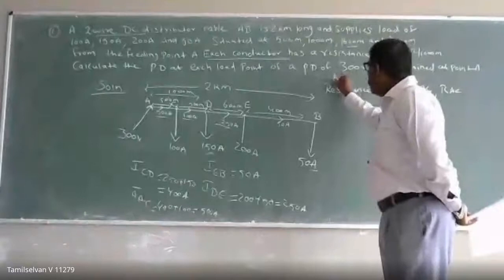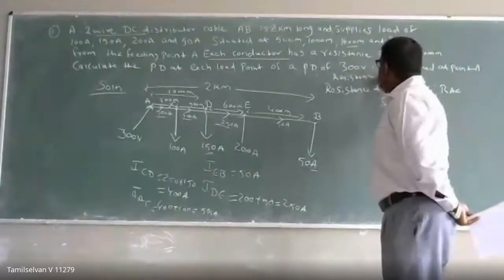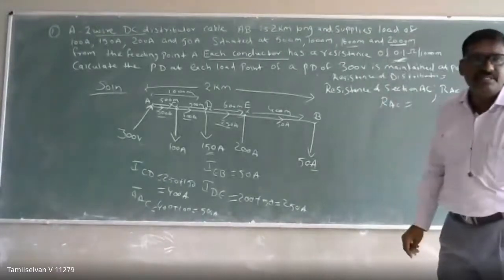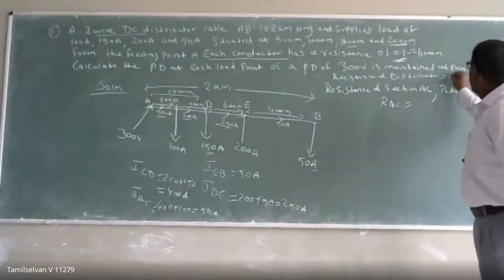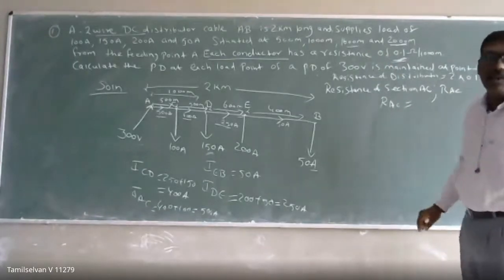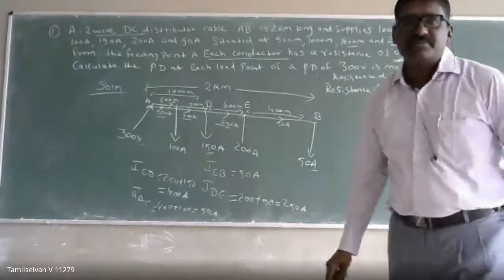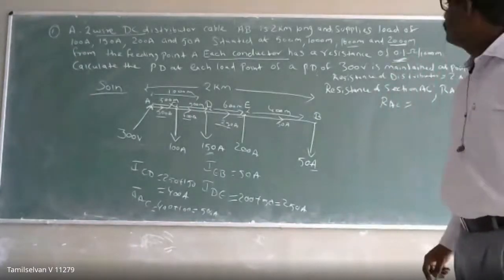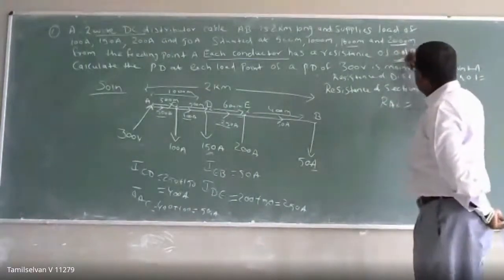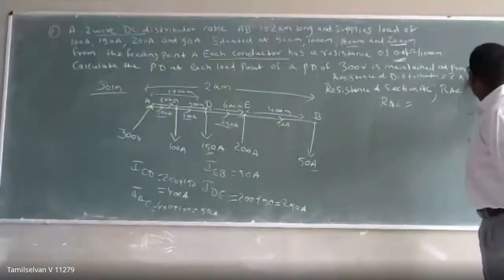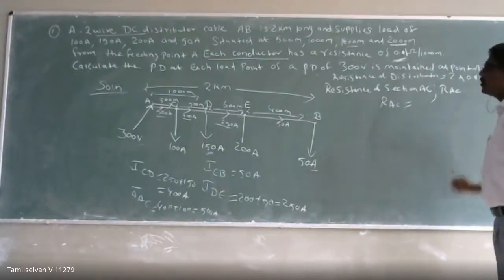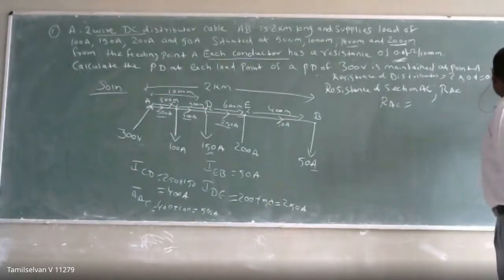The resistance of the distributor is 2 into 0.1, sorry, this is 0.01, which gives 0.02 ohm per 1000 meter.